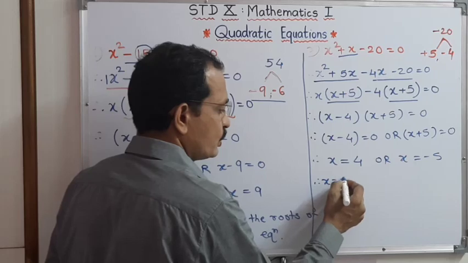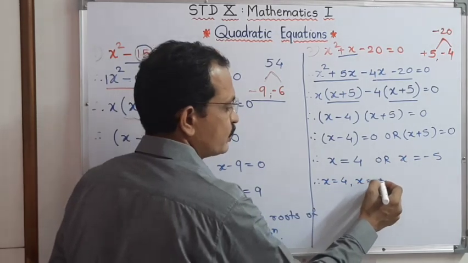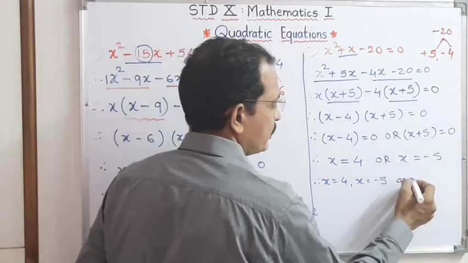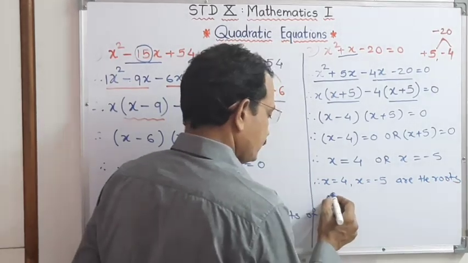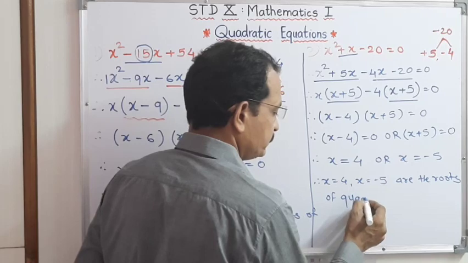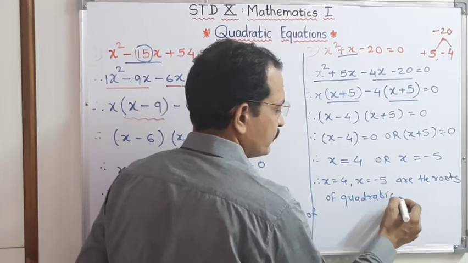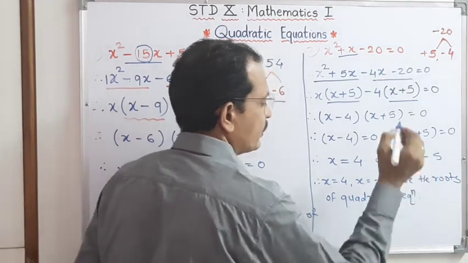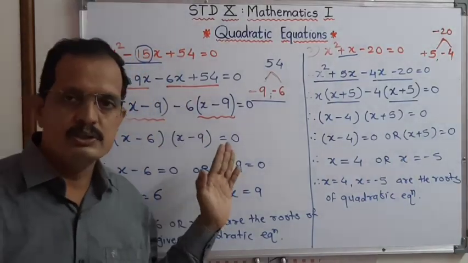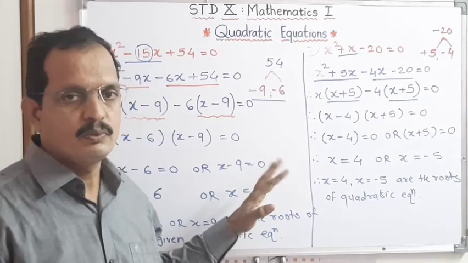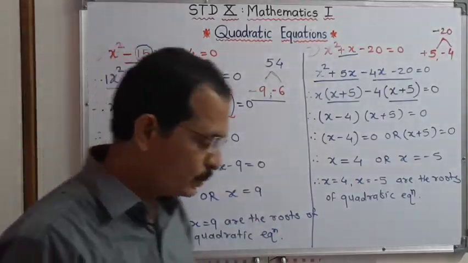Therefore x is equal to 4 and x is equal to minus 5 are the roots of the quadratic equation. Dear student, try to understand these two sums. We will continue with the third one.